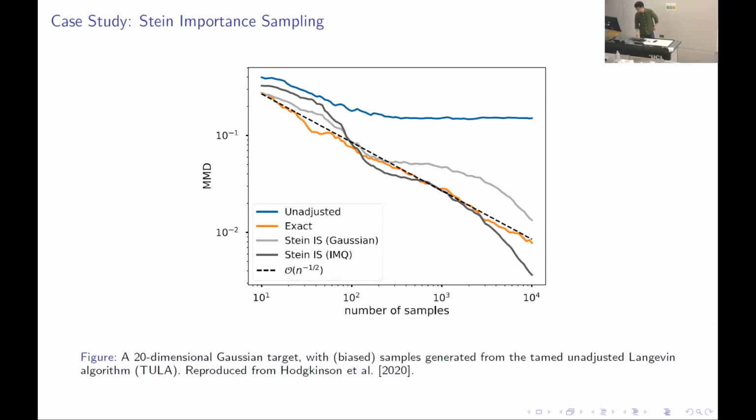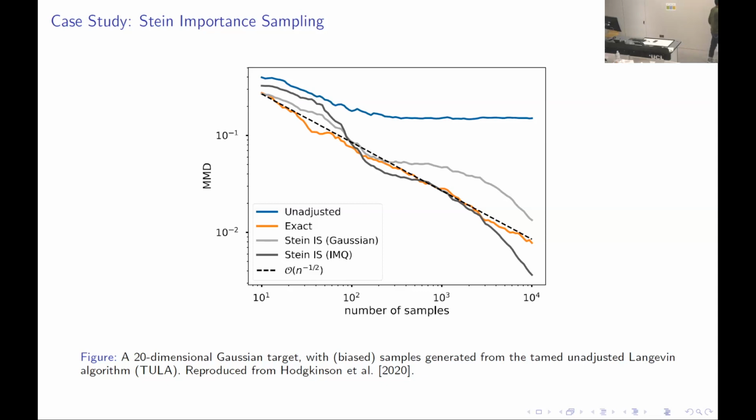So yeah, and this is just to show from the Stein importance sampling paper. These people generated a Markov chain from an unadjusted Langevin process, and obviously that is biased. So if you calculate KSD, it will not decay. That's the blue line.